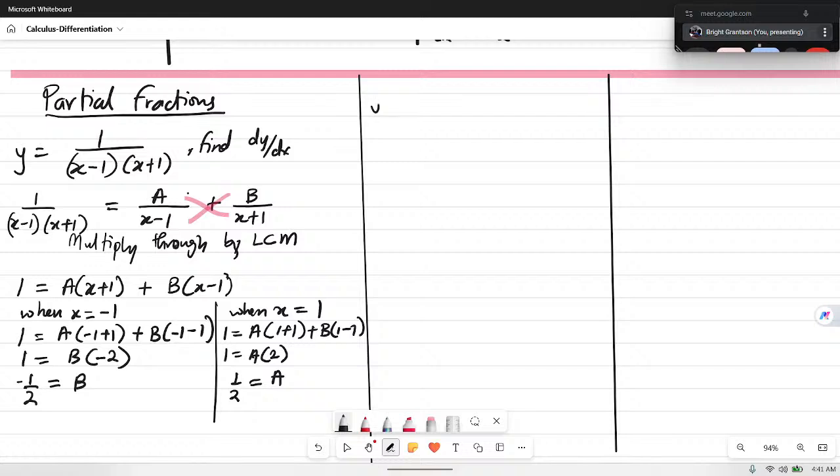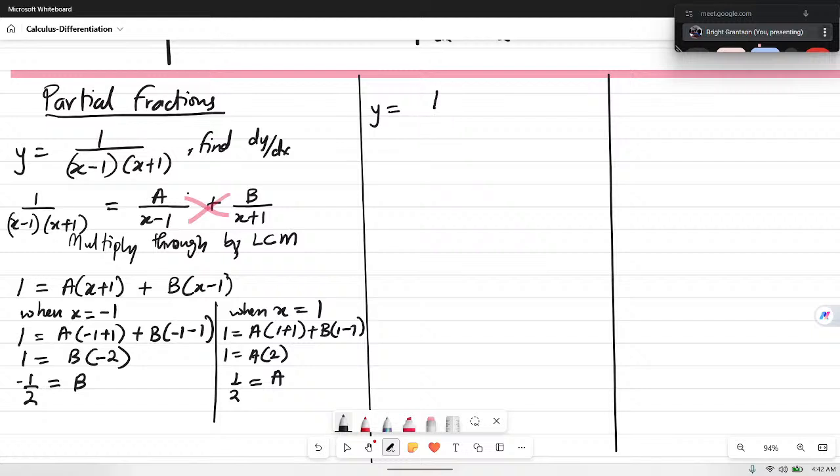It becomes y equals half, right? Because the value of a is half. So the half becomes 1 over 2 over here, right? But the denominator will come down. Are we okay? Instead of writing 1 over 2 times x minus 1, the denominator will eventually come down.